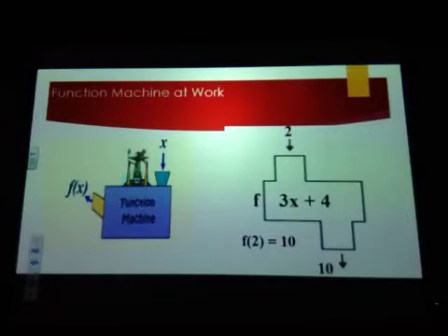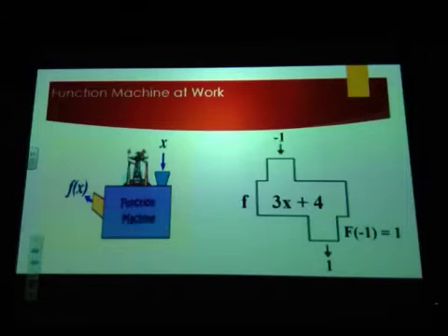We put the 2 in, and when we plug in 2 to here, we're going to get f of 2 equals 10, because that's the output. Now here's the other one. When we put f of negative 1 into here, we get 3 times negative 1 is going to be negative 3. And when we subtract a negative from a positive, we're going to get a positive 1.